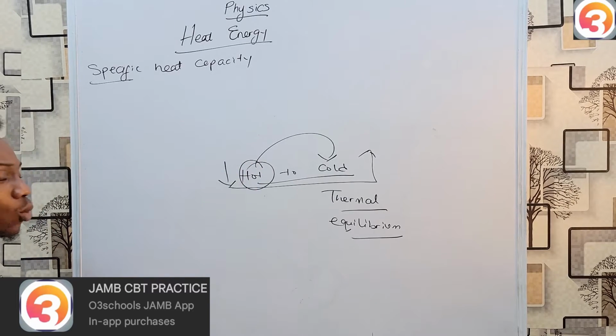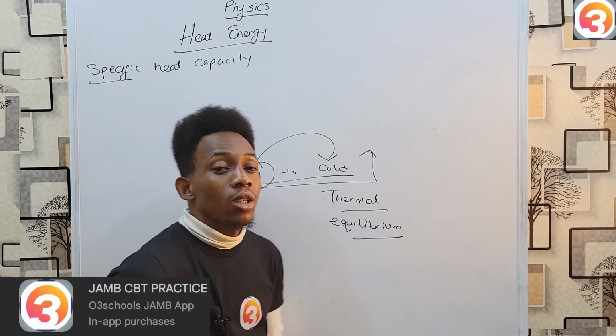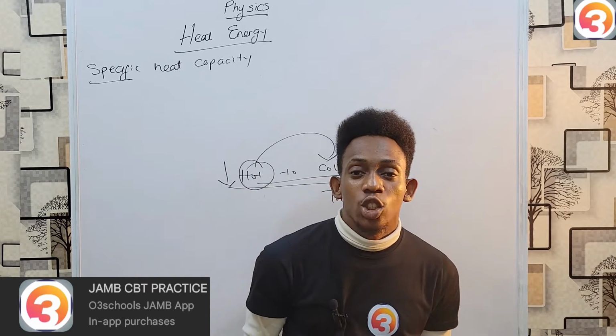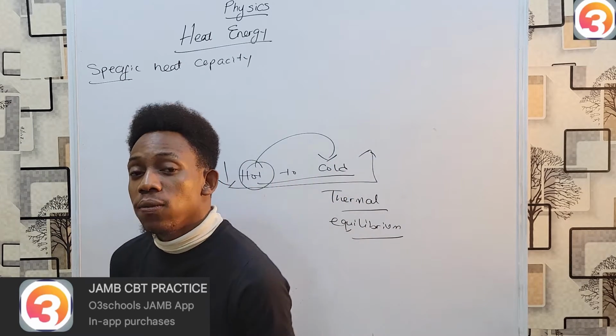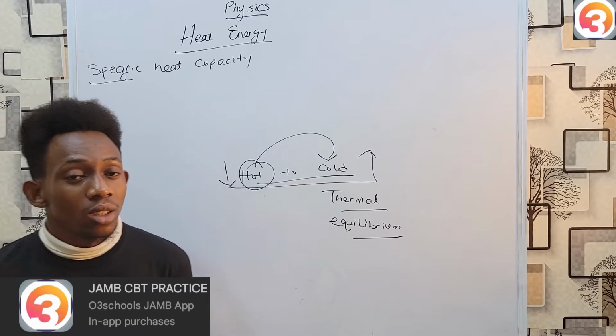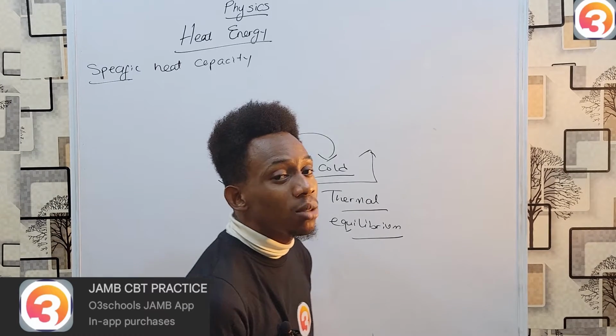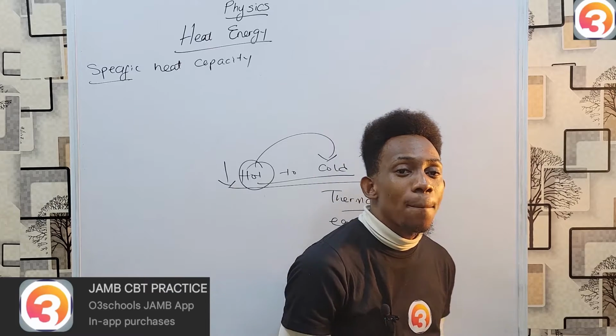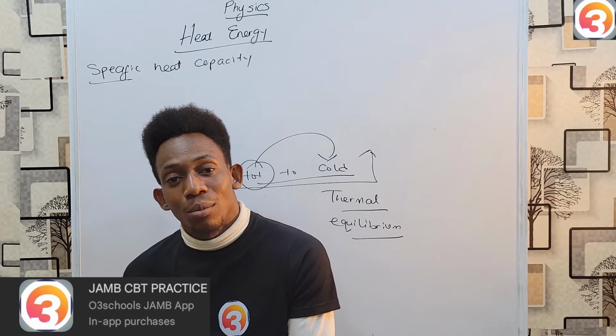So let's see, what is specific heat capacity? This is what measures the change in temperature of a unit mass of a substance when subjected to the same amount of heat in the same amount of time.